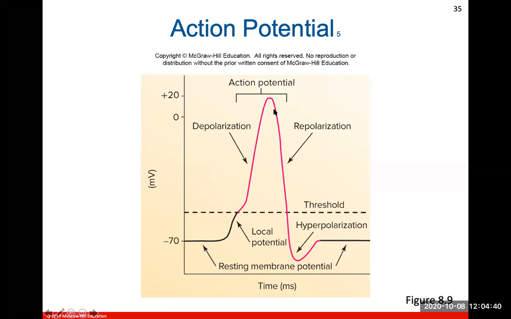Potassium channels remain open a little too long, and with all of these positively charged potassium ions leaving the cell, too many of them will leave and we get to a very negative membrane voltage. It's almost too negative.